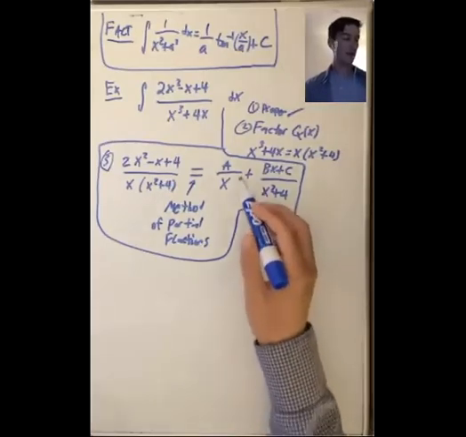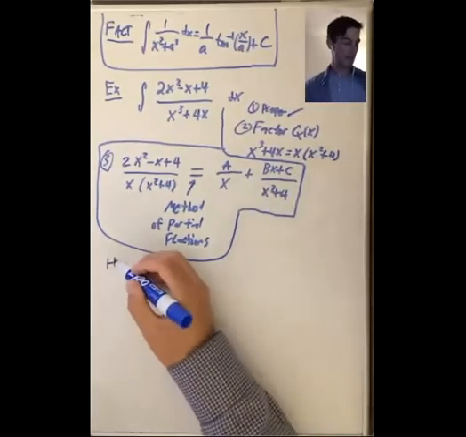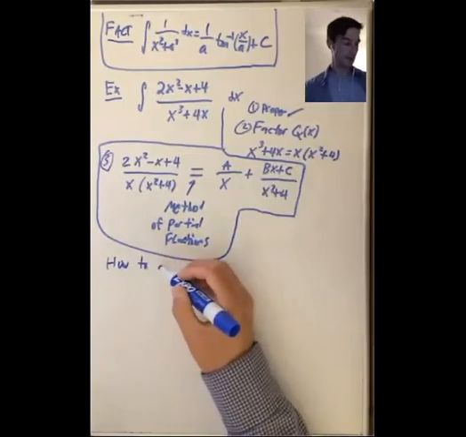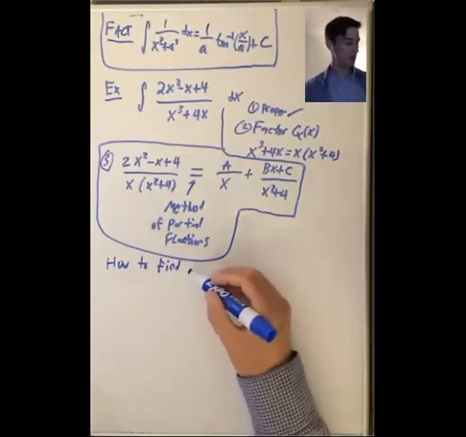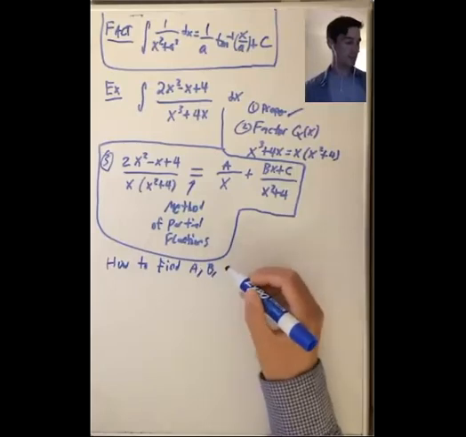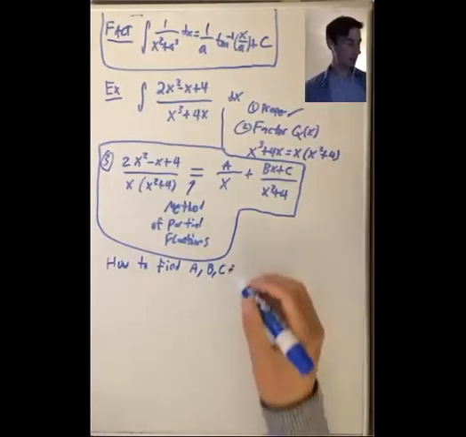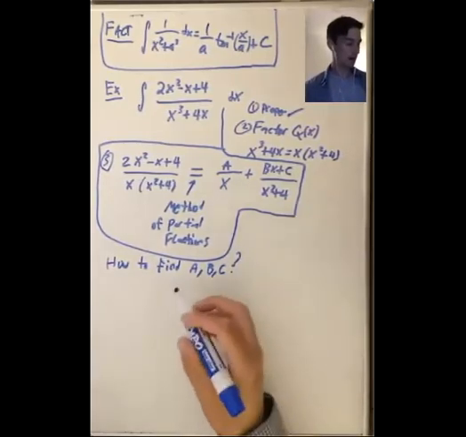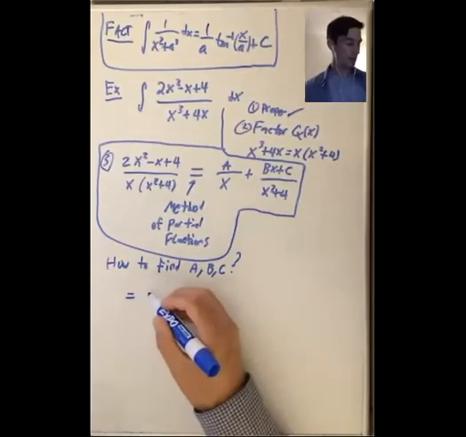Okay, how do we find a, b, and c? Well, just like we found a, b, and c in every other example we've done so far. We put everything over a common denominator.